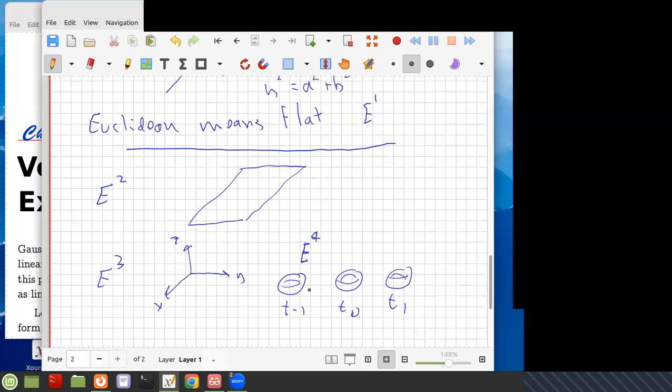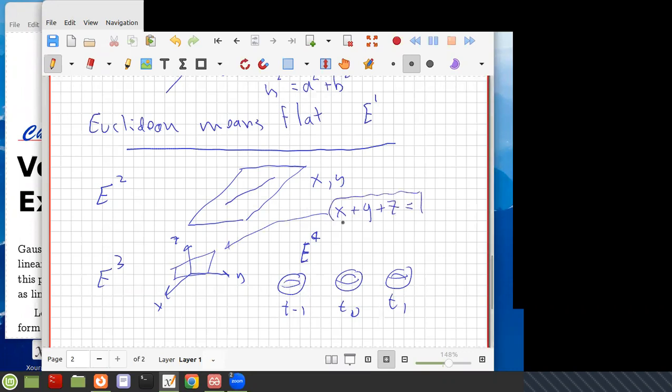Okay, so inside the 2-space, we would have variables X and Y for coordinates, and we could draw a line here, and that would be a linear system in 1 variable. And if we draw a plane in here, what would characterize that plane would be something like X plus Y plus Z equals 1.